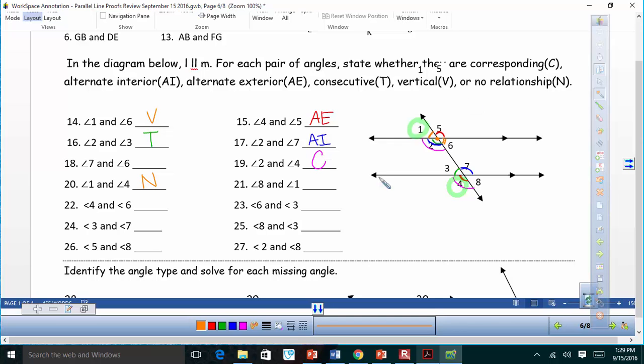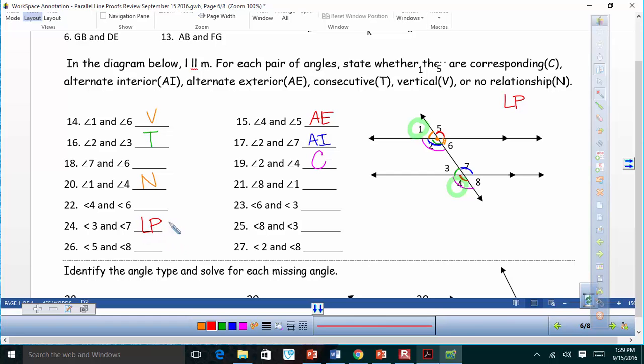Isabella? Linear pair. Okay? There are actually some up here that are a linear pair. You do need to know that type angle. Can somebody give me an example of linear pair? Layla? What is it? 3 and 7, yes. 3 and 7 would be a linear pair, and that's actually number 24.